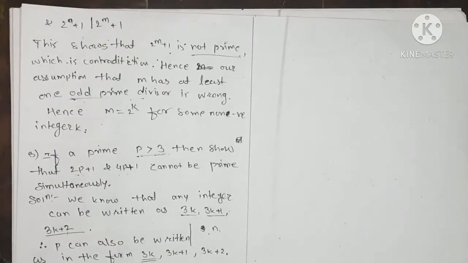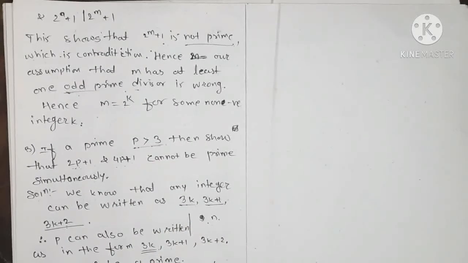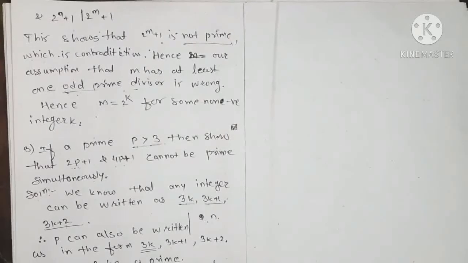It cannot assume the form 3k, and thus p is equal to 3k plus 1 or 3k plus 2.